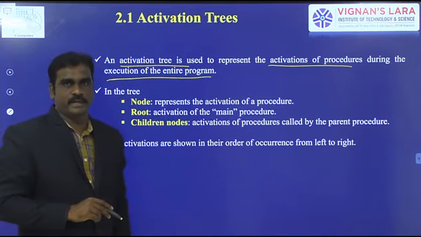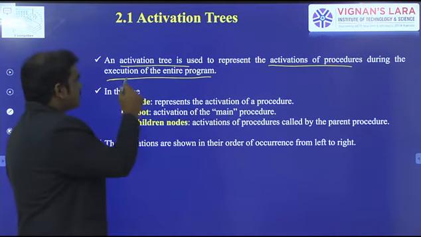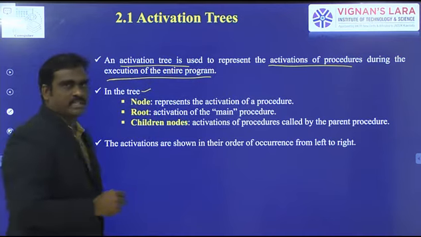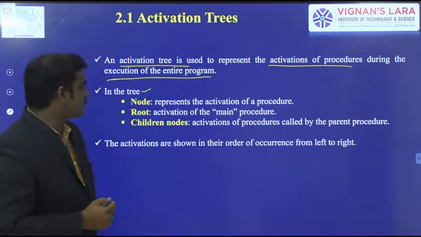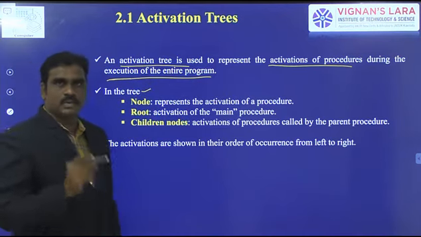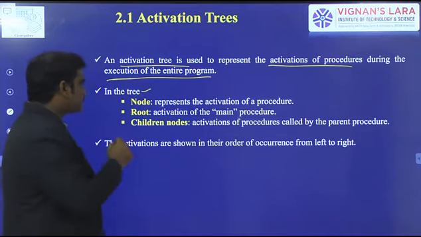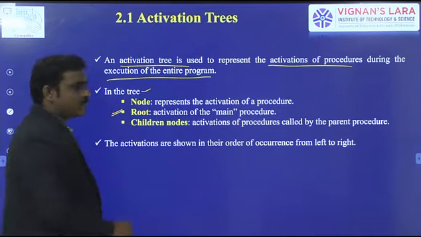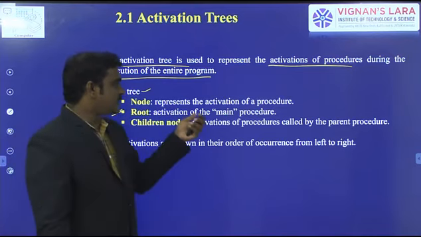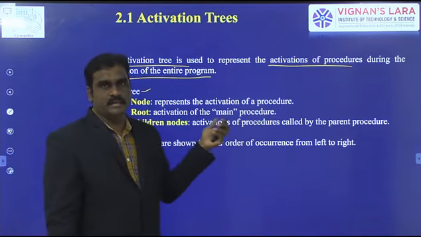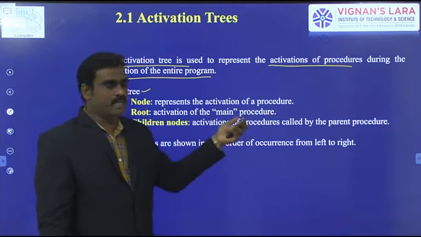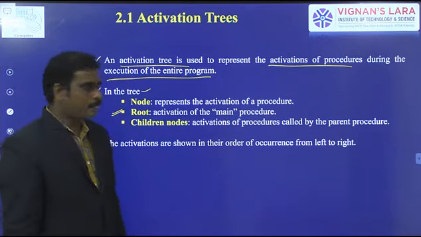How do we draw an activation tree? All of you know that. A tree means a root node and children. So the root node is nothing but the activation of the main procedure.